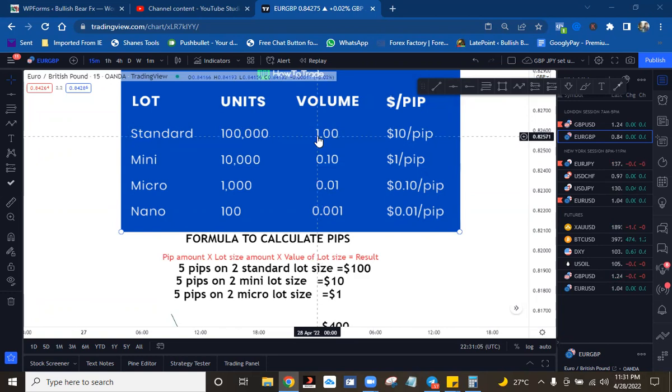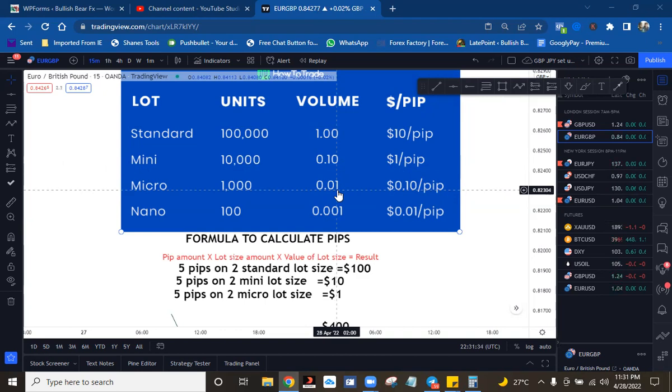So you can now begin to say 1 standard, 2 standard, 15 standard. While 0.1, anything after the decimal is mini. Anything after the number that is after the decimal is micro. I hope you understand it better now. Yes, very clear.